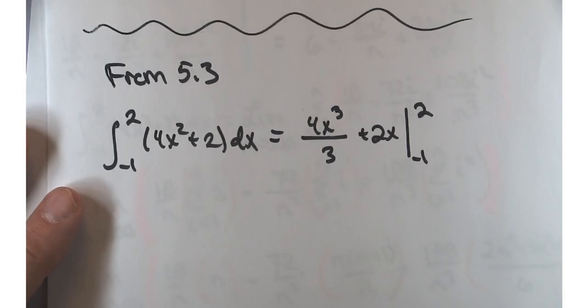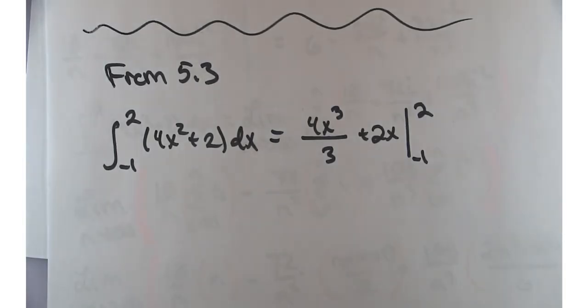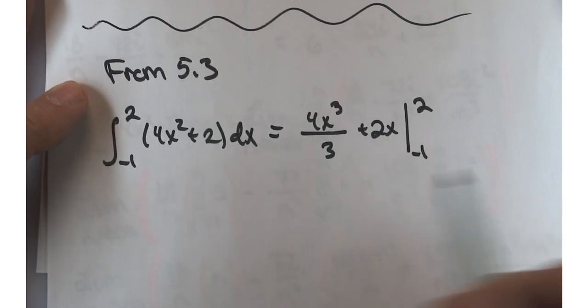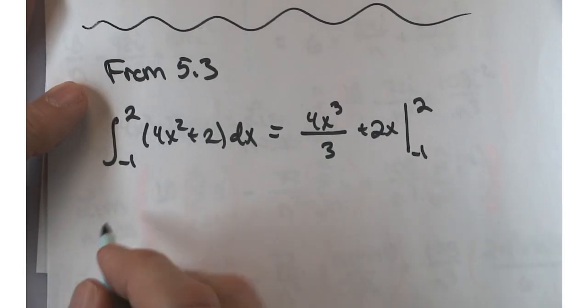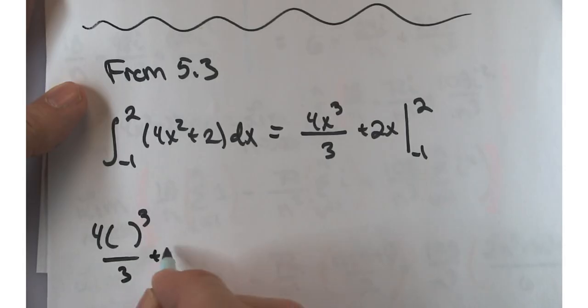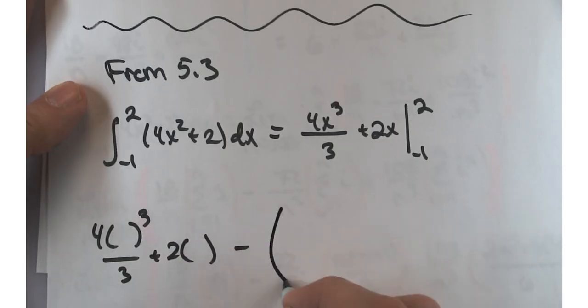Wow, this is feeling easier right away. Arlie's looking at me like, why didn't you tell us this in the first place? Well, you need to have the association between area and these integrals. Let's plug in the 2 minus what happens when we plug in the -1.